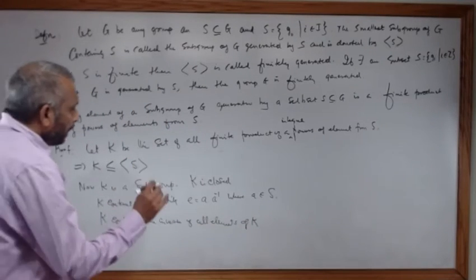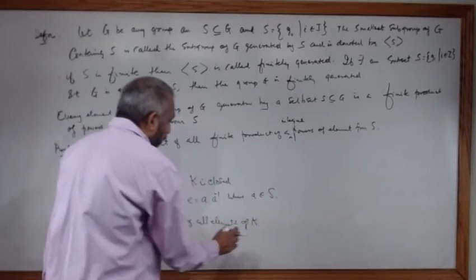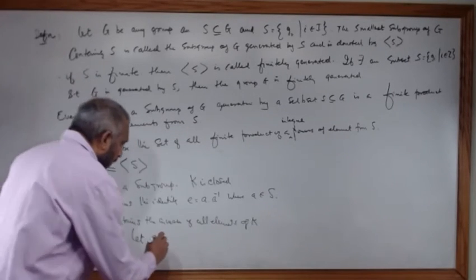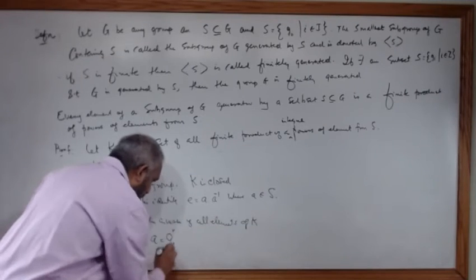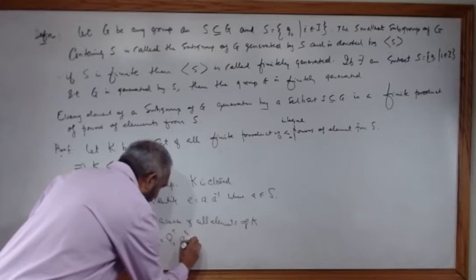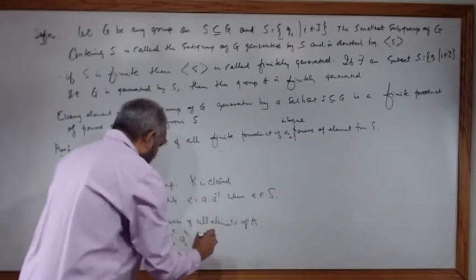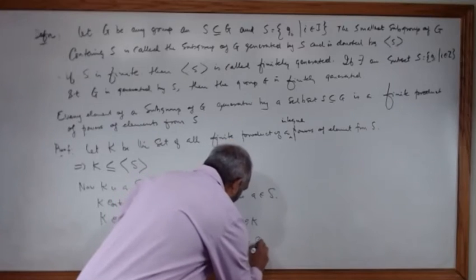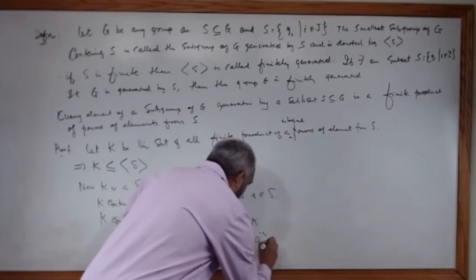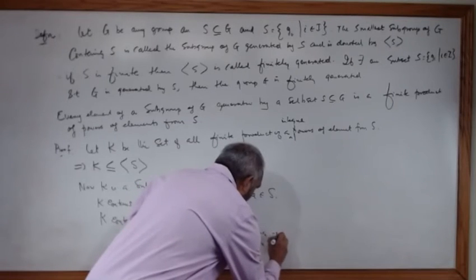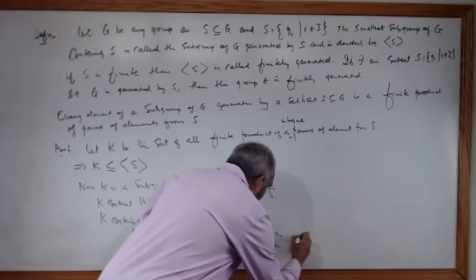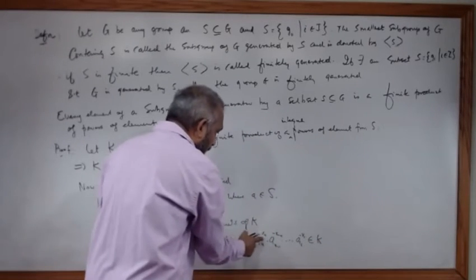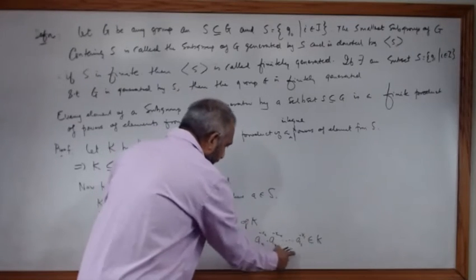Why? Let a equal a1^r1 a2^r2 ... an^rn belongs to K. And this implies that an^(-rn) a(n-1)^(-r(n-1)) ... a1^(-r1) also belongs to K, because this is a finite product of integral powers of elements from S. And this is nothing but the inverse of this.